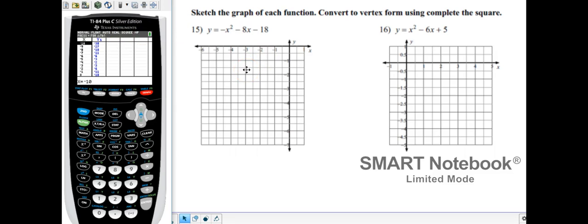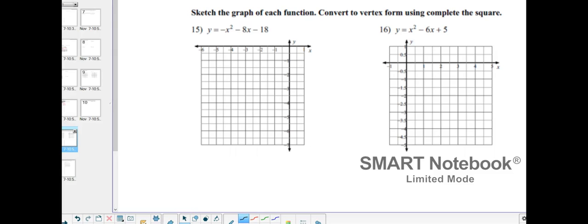So if I go back to my chart, get my pen going again. I had a vertex at -4, -2. Put a point there. I had a point at -5, -3. And I had a point at -6, -6.